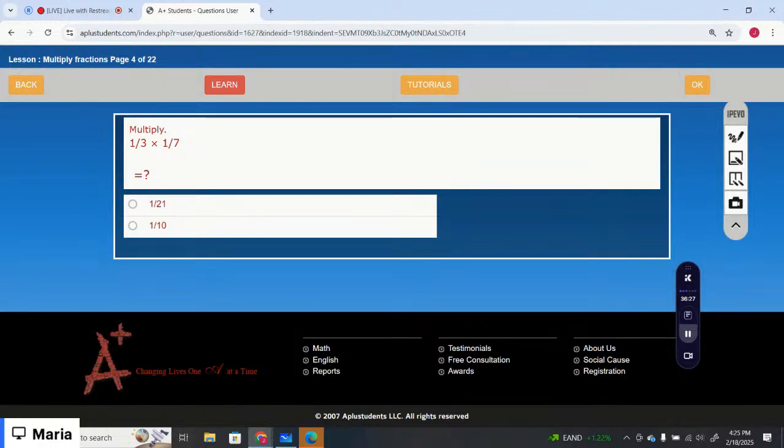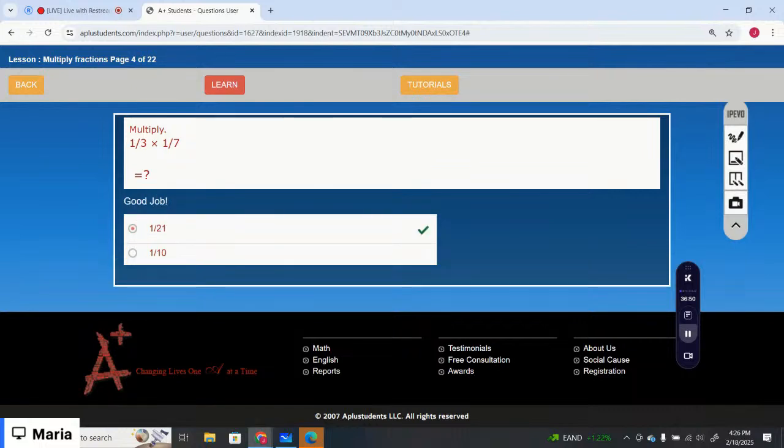One by 3 times 1 by 7. That is 1 over 21. Option number 1 is the correct option.